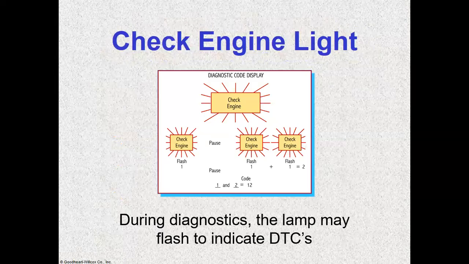The check engine light flashes once, pauses, flashes once again, and then flashes. As I always say, it flashes once and pauses. You'd have a second or two between those pauses for a long flash. Then it'll go flash and then flash. Two short flashes with no pause between would count as 2.